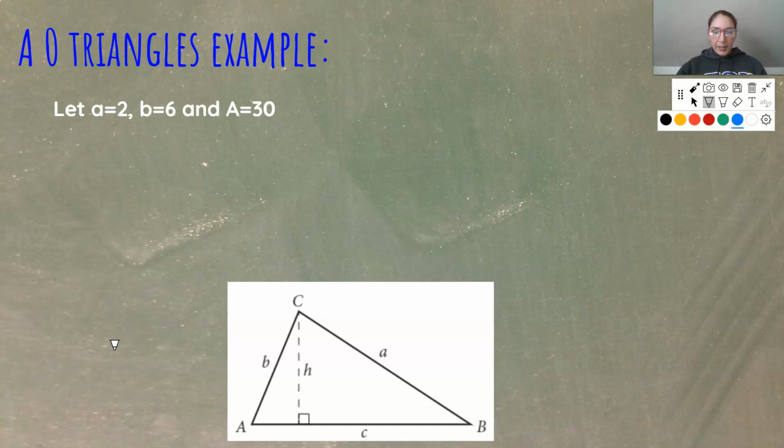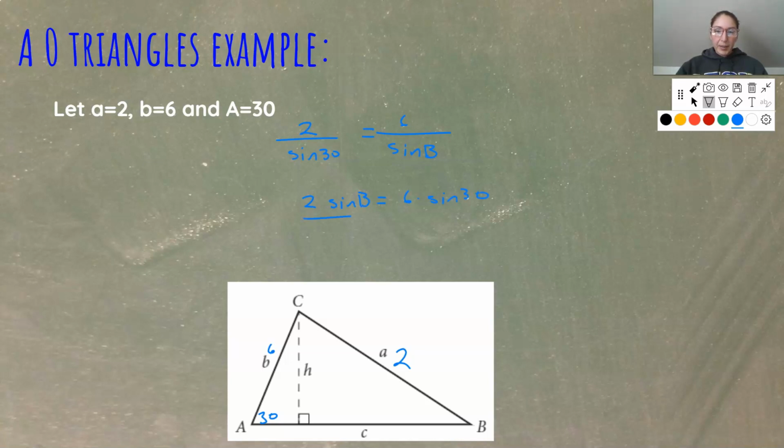In this example, little a is 2, little b is 6, and big A is 30, which is the angle. Well, let's do law of sines. So we go across: little a over sine of big A equals little b over sine of big B. Cross multiply: 2 times sine of B is equal to 6 times sine of 30.